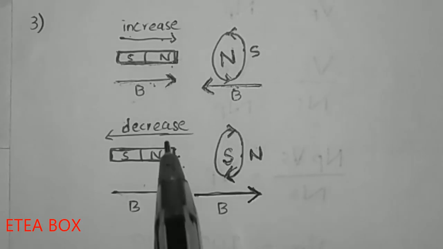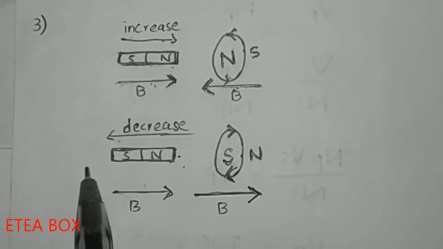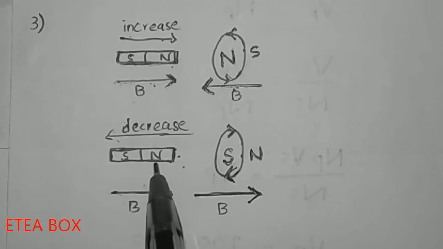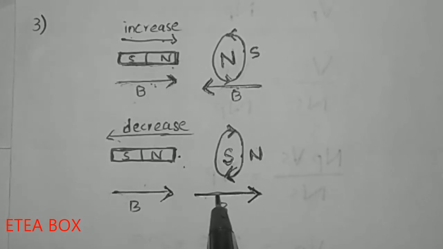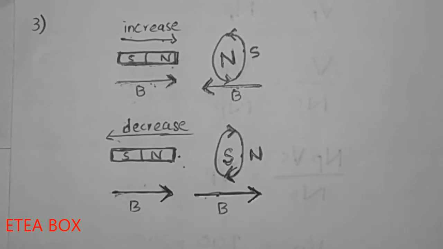And when the magnetic field is decreasing, look, this arrow means that we are moving away from the coil and its effect is decreasing, okay? Now when the magnetic field is decreasing, the induced magnetic field will have the same direction as that of the cause, as that of this magnetic field.